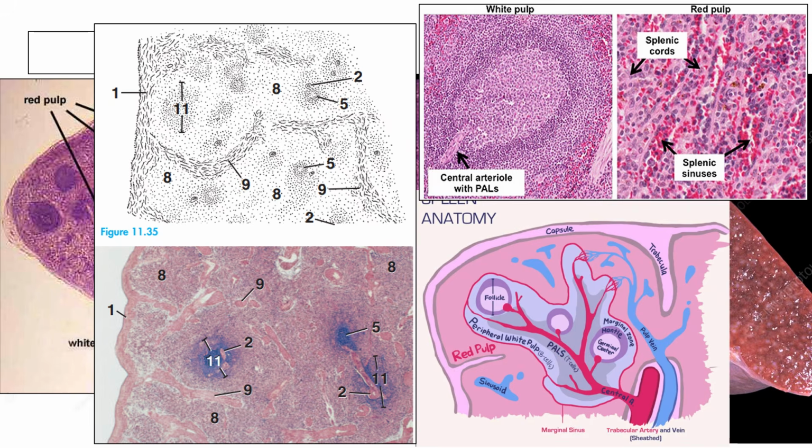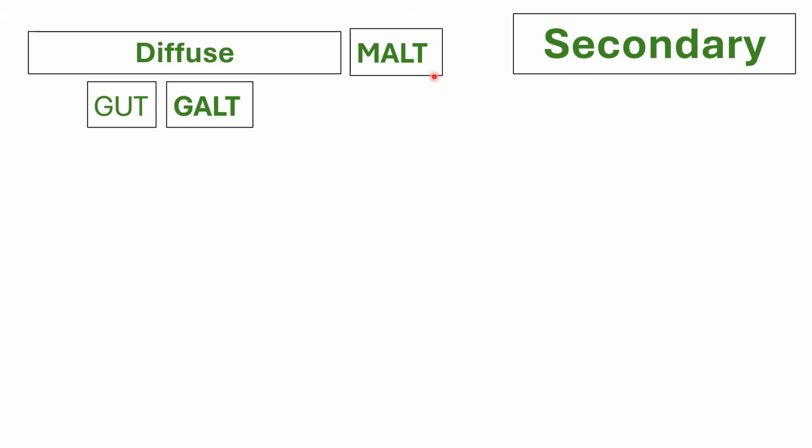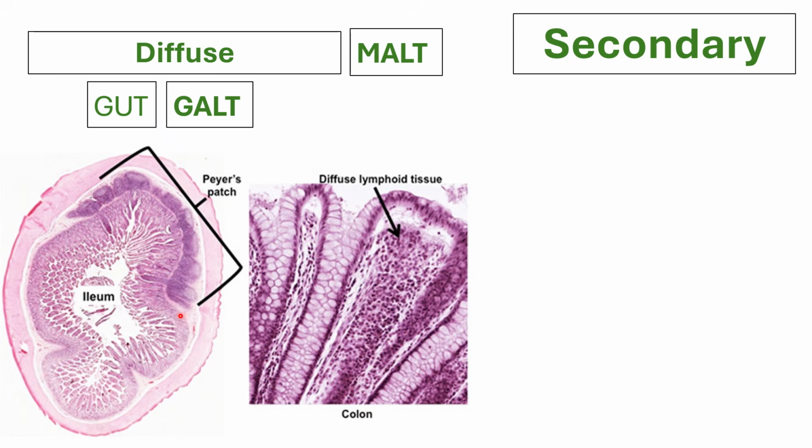Okay. All right, now let's go to the diffuse type, or our mucosal associated lymphatic tissue, which can be found in the gut, and thus it will be termed GALT, or gut associated. Usually they are seen in the submucosa of specific segments of your intestine.